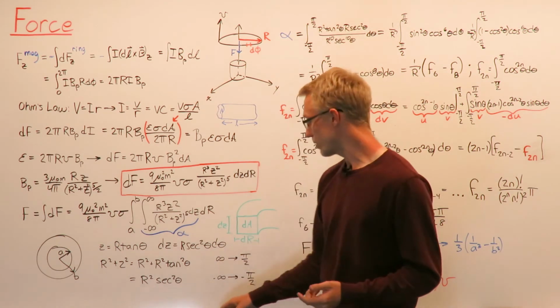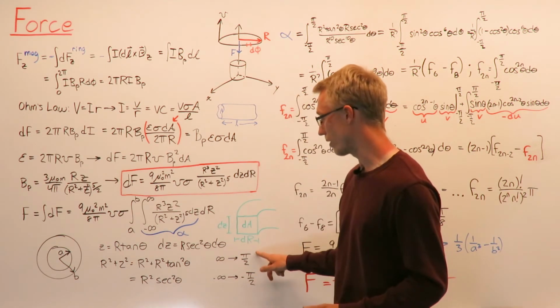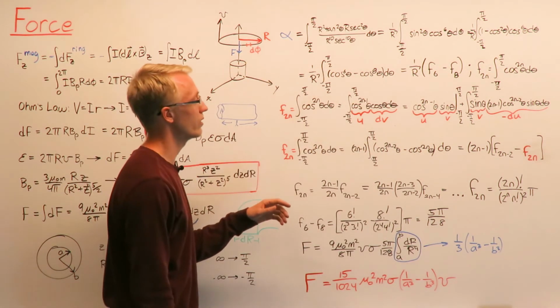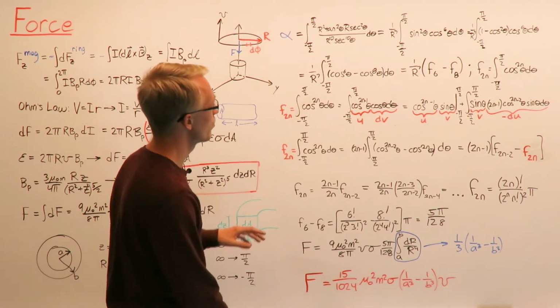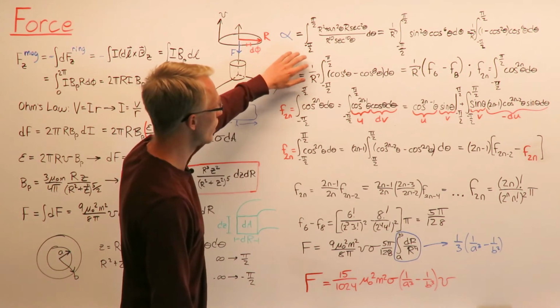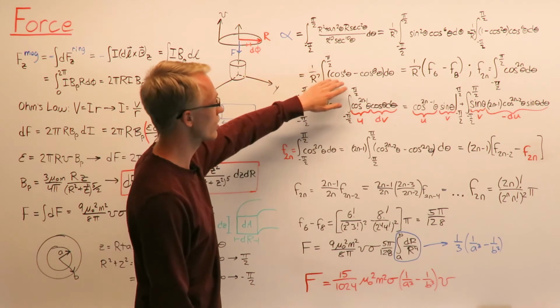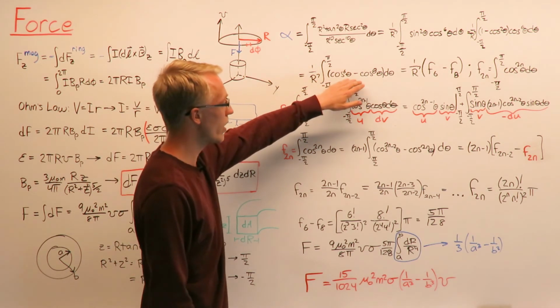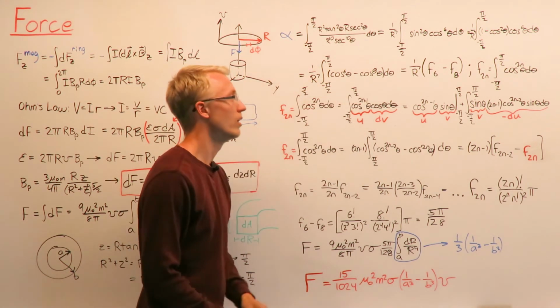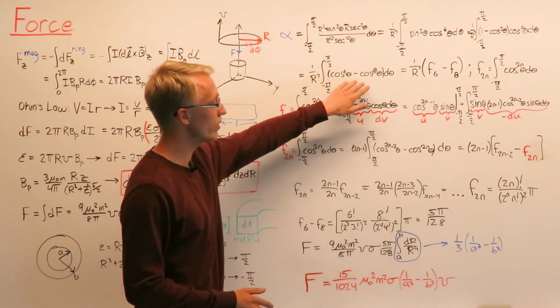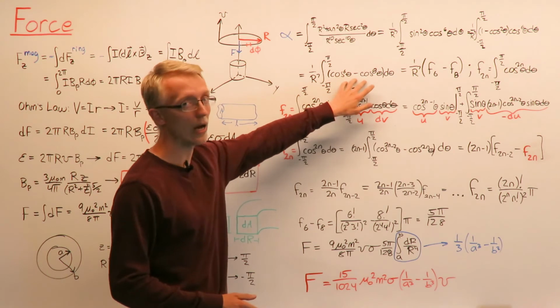Our limits become negative pi over 2 and pi over 2. If I substitute these values in and do a little bit of algebra, I get that the expression is equal to 1 over R to the 7th times the integral of cosine to the 6th theta minus cosine to the 8th theta. Now this looks pretty simple, but this is actually a very complicated integral due to the high powers.